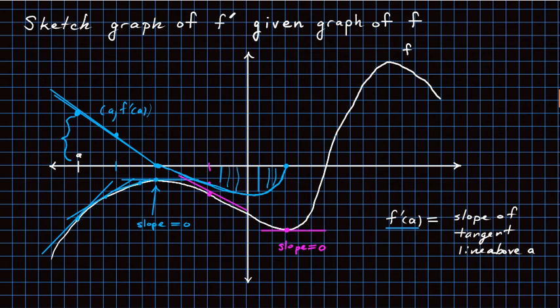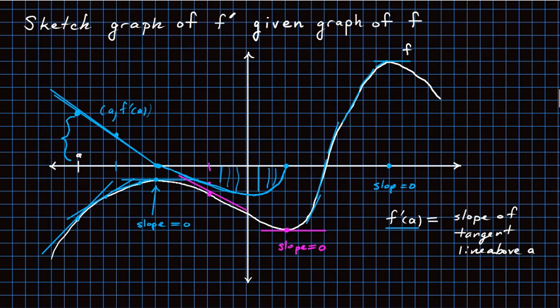Then in this region, I actually have an increasing function, so the slopes are positive. All these slopes of these tangent lines are positive, up until this point, when again the slope is 0.